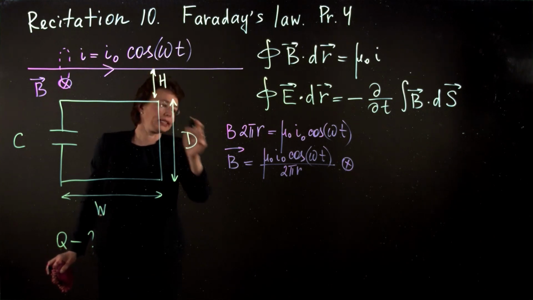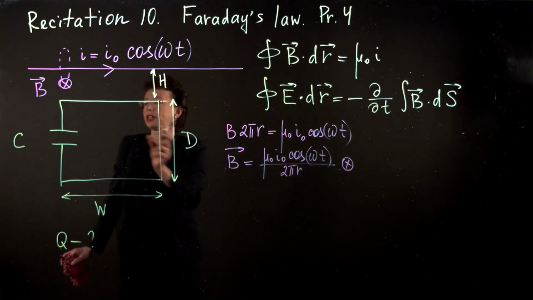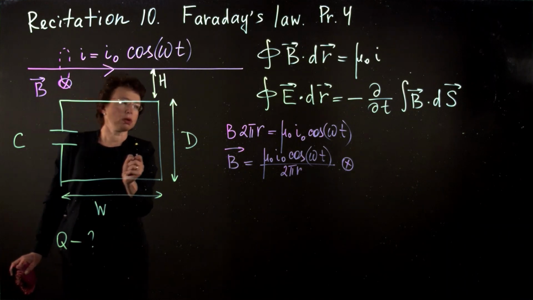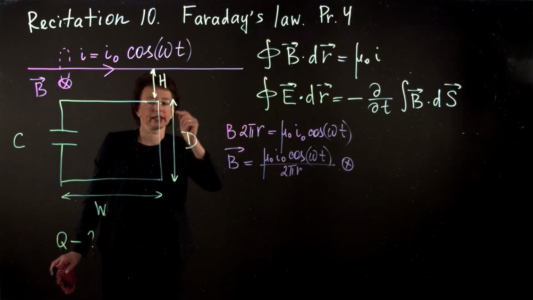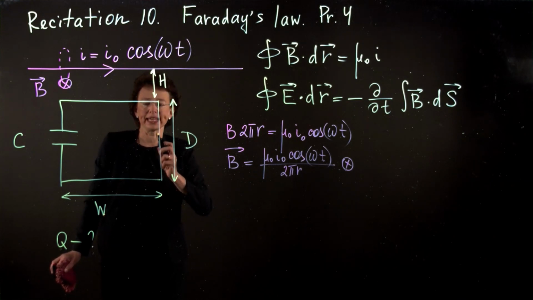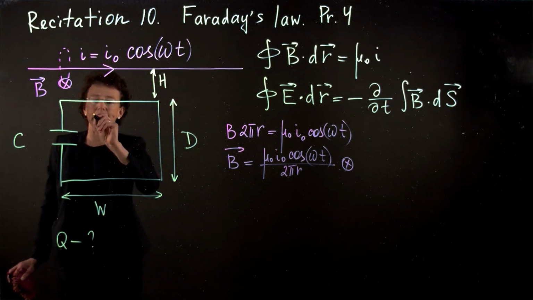So cosine decreases, B decreases, the external magnetic field decreases, which means that flux decreases, which means that B self-induced will be in the same direction as the original magnetic field.